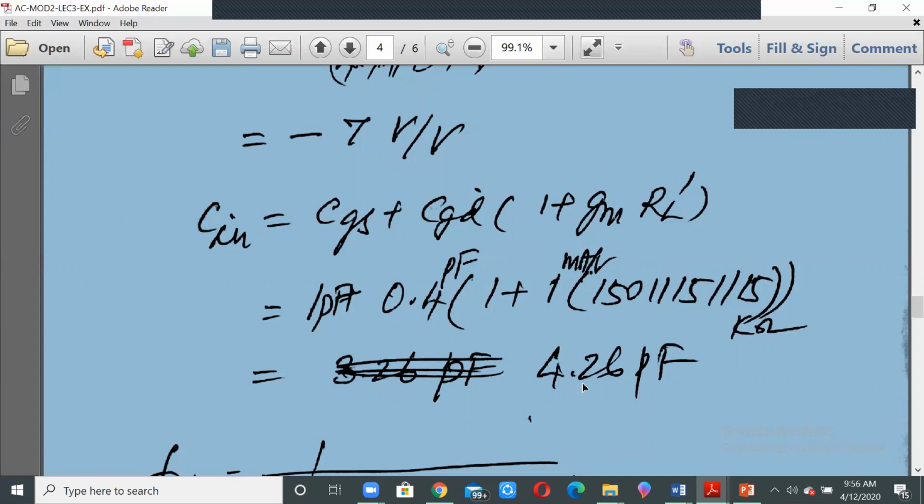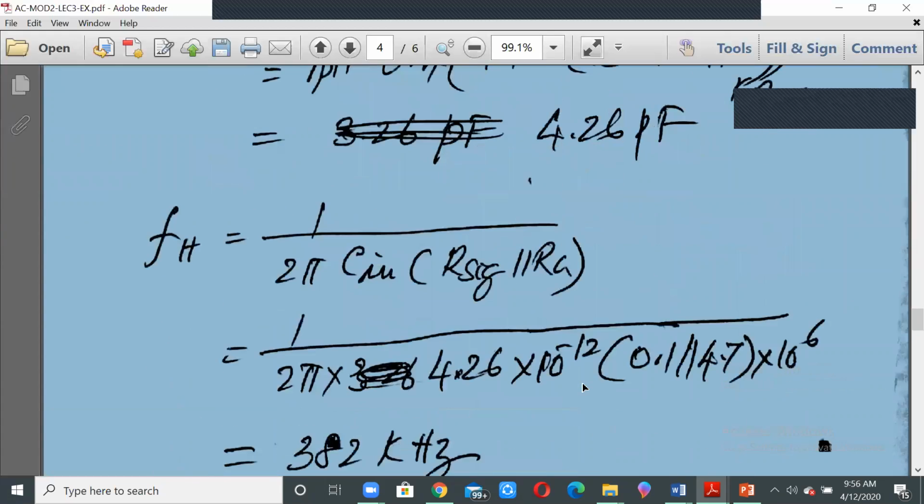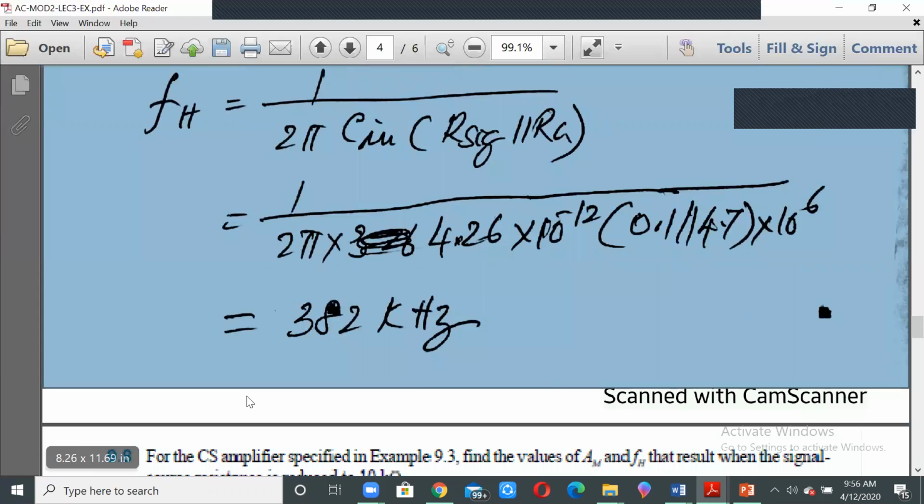Okay, 4.26. So FH will be 1 by 2 pi Cin, Rsig in parallel with Rg. We have found Cin in here, and Rsig and Rg we know, and you can just substitute over here. Cin is 4.26 picofarad, 4.26 into pico is 10 to the power of minus 12, and hence we'll get FH as 382 kilohertz.